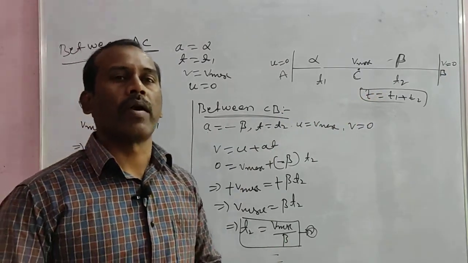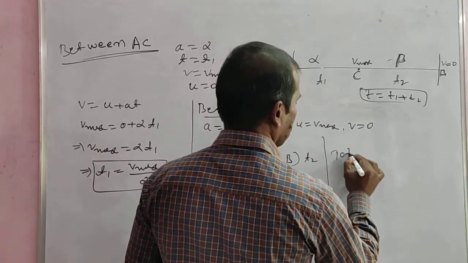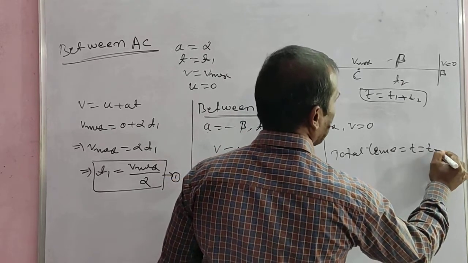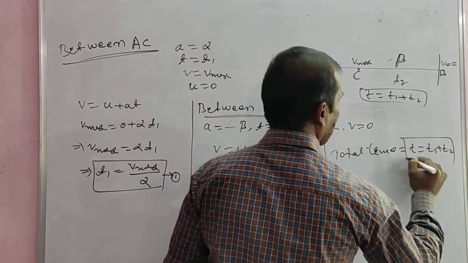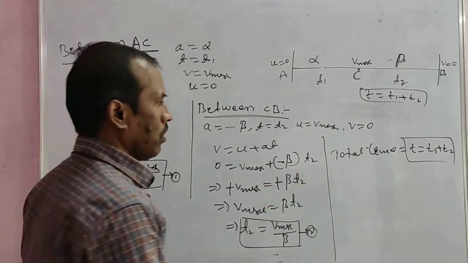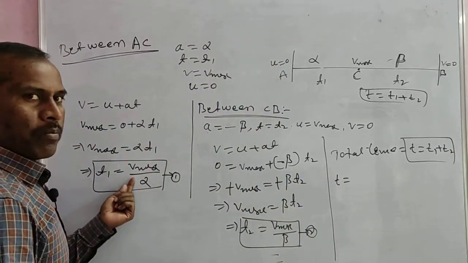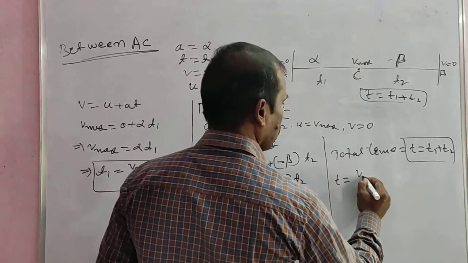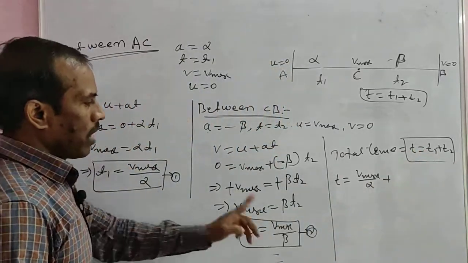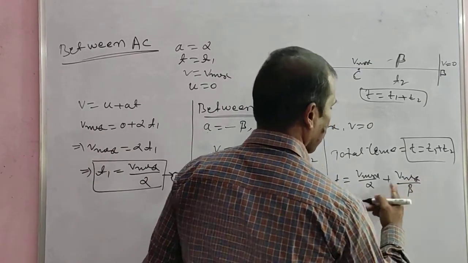Now the total time T is equal to T1 plus T2. Substituting equations 1 and 2, total time T is equal to T1, which is V maximum by alpha, plus T2, which is V maximum by beta.